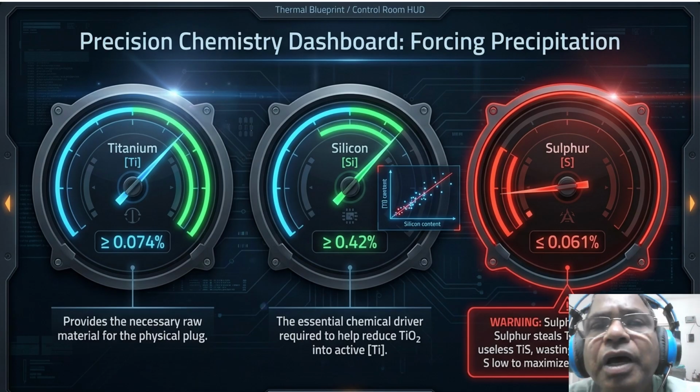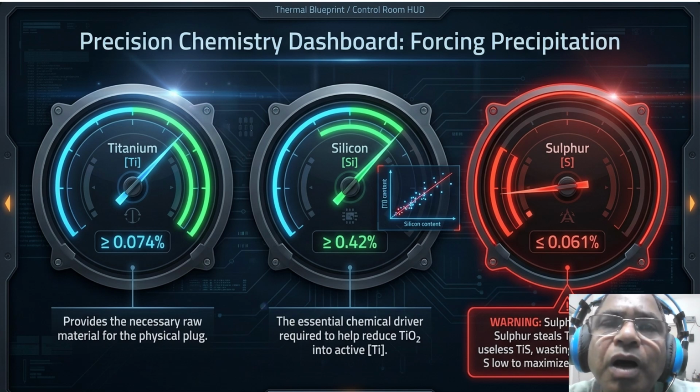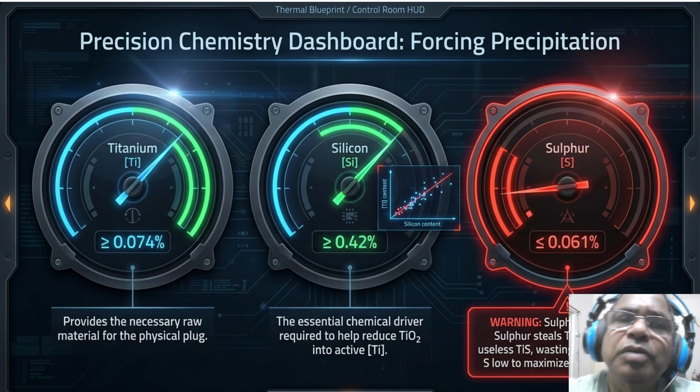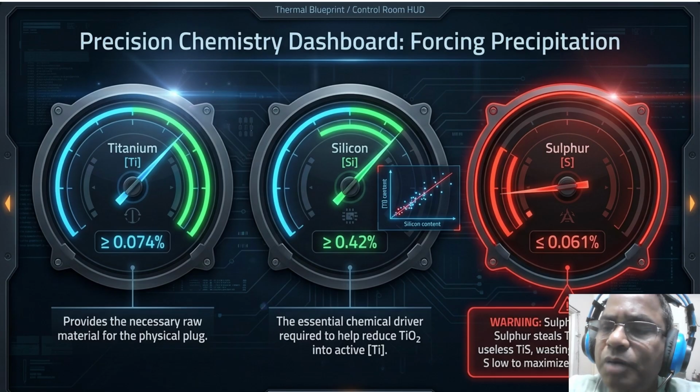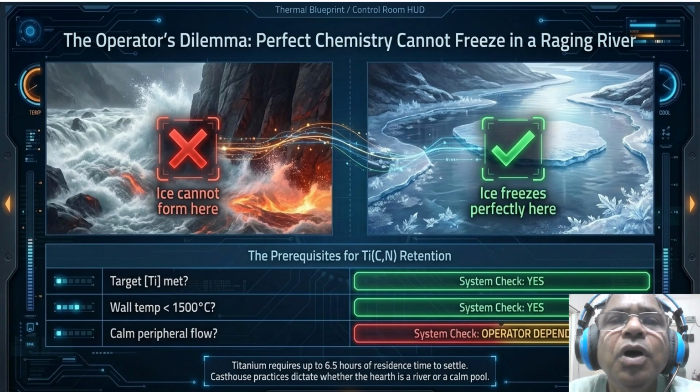However, even perfect chemistry will fail if your hearth hydraulics are not controlled. Coming to this slide about the operator's dilemma, raging rivers versus calm pools, take a look at these two metaphors.